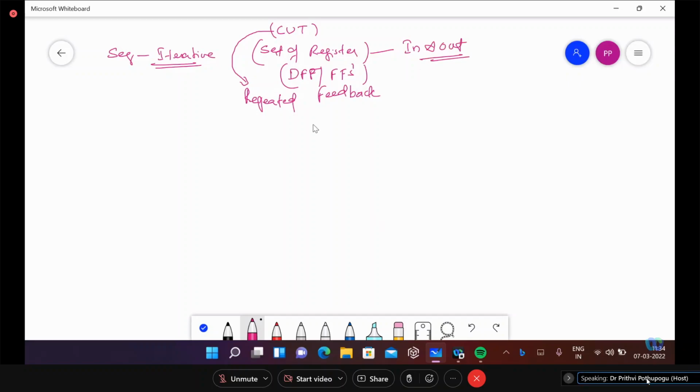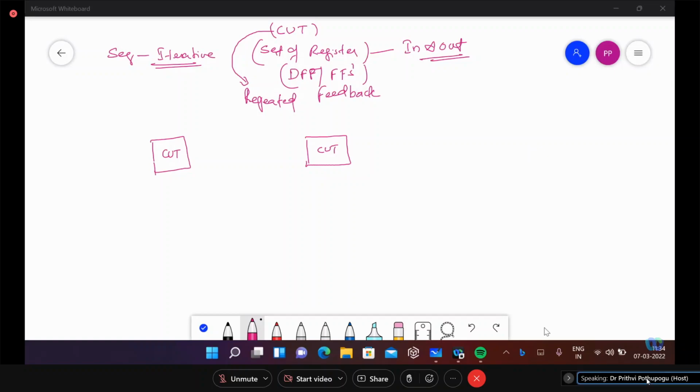In this configuration, we have a repetition of circuits under test. These are purely combinational. You repeat this as many times as you want, or as many sequences as you have in your testing.